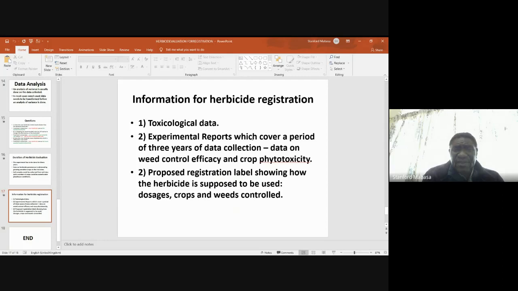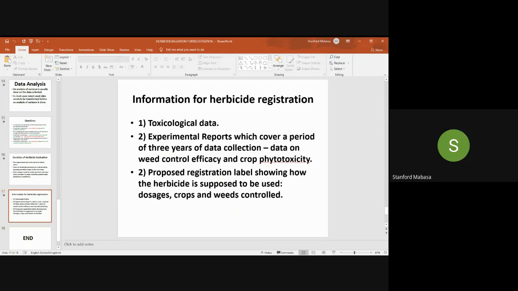They also need a proposed registration label showing how the herbicide is supposed to be used: dosages, crops, and the weeds controlled. It could be the crops where the herbicide is actually used. So these are the 3 things which the pesticide registrar may require.